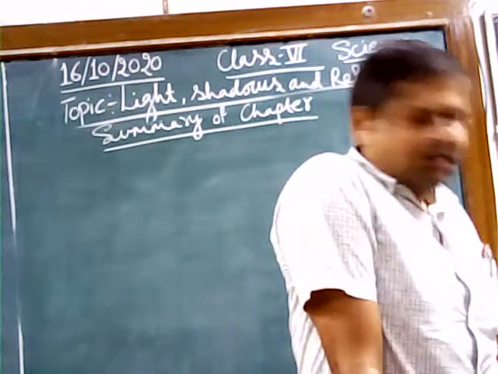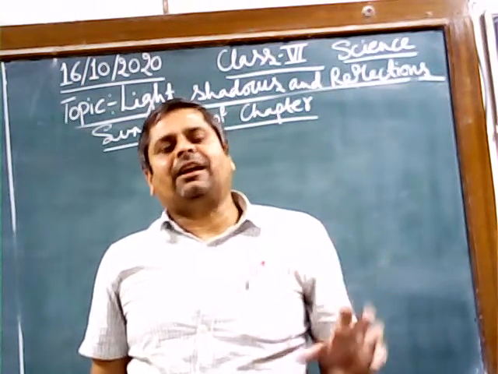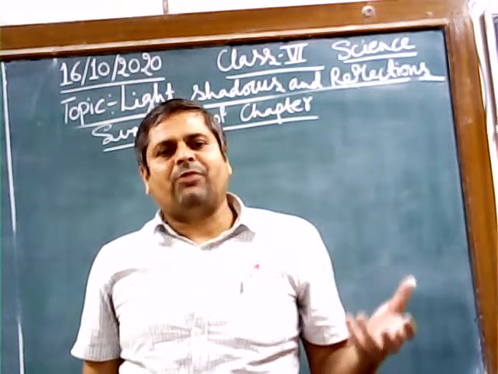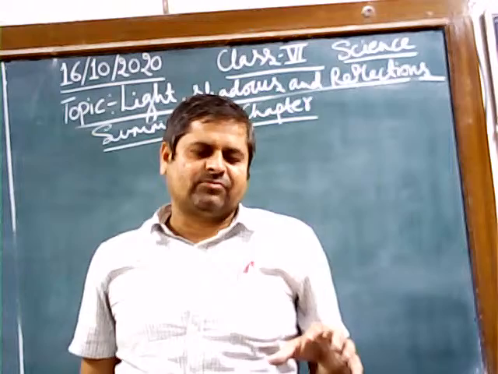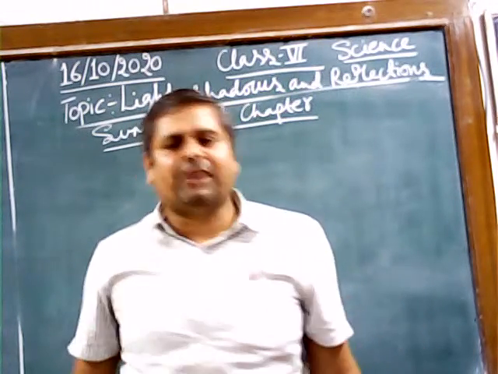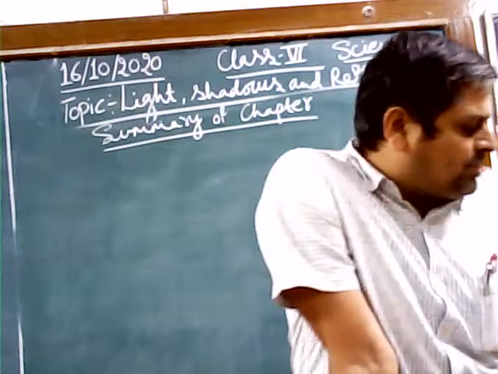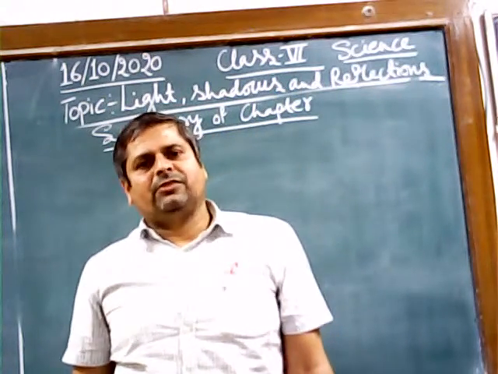Then shadow. What is a shadow? Shadow is the impression of an opaque object when the source of light falls on it. Okay, children? This is called shadow. Then translucent.